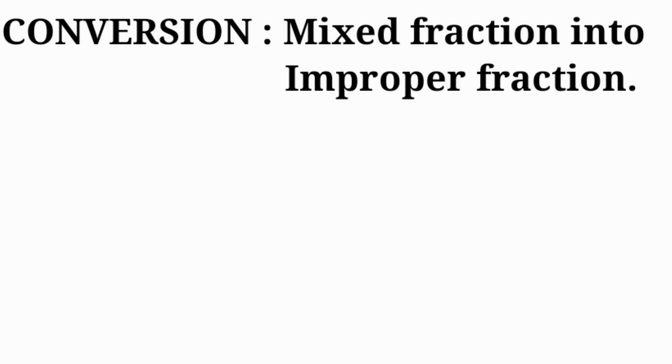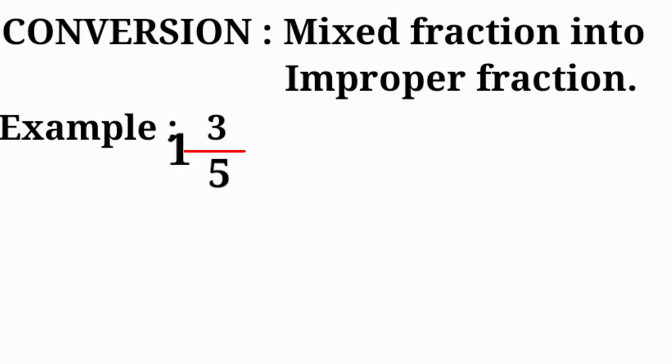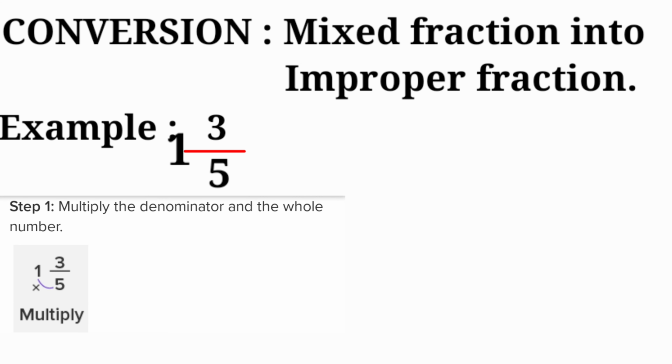Always first of all we have to convert them into improper fractions. So let's quickly do it, and for this I'm going to take one example: 1 3 upon 5. Now this mixed fraction, how to convert into an improper fraction? There is a certain rule which we have to follow. Step number 1 is multiply the denominator and the whole number.